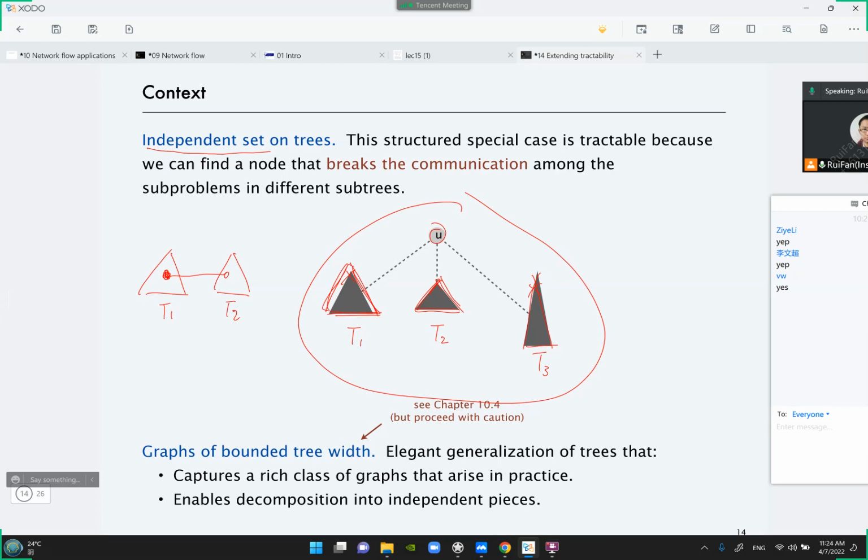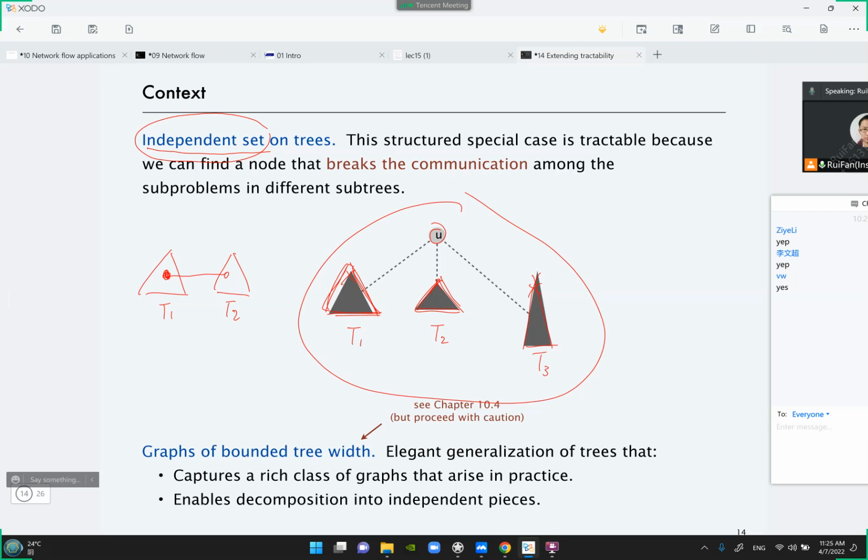And in fact, this property, where you can decide on the root node and then solve subtrees independently, holds not only for this independent set problem, but for many other graph problems. Because for many other graph problems, once you break the graph into these disconnected components, then you can solve the problems on each component separately from each other.